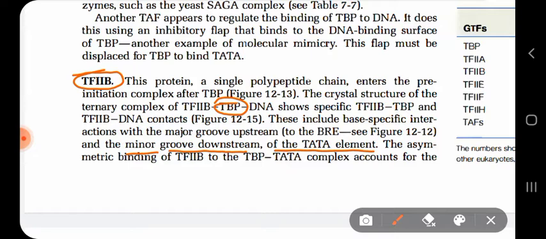So it interacts with the DNA at the BRE element, as well as with the TBP, which is located on the TATA box element. Okay, so up to this much you have to study for TF2B.